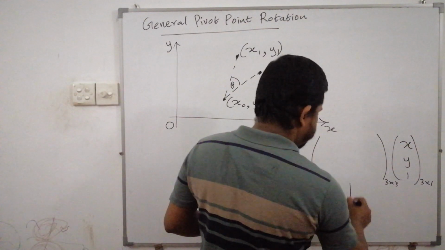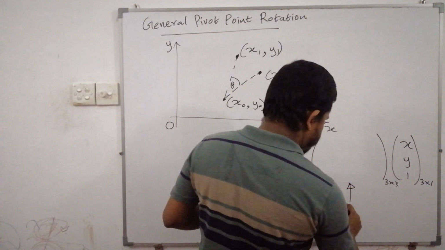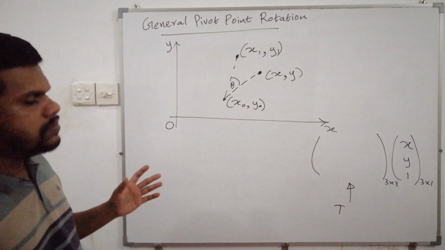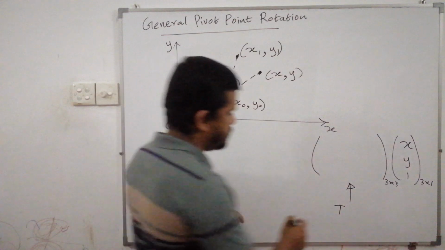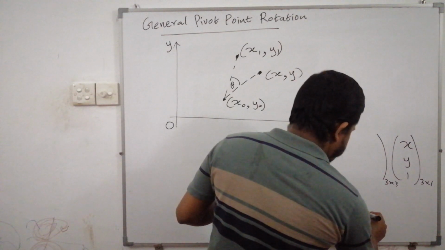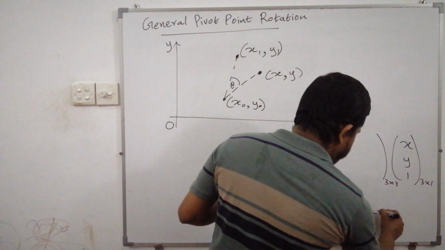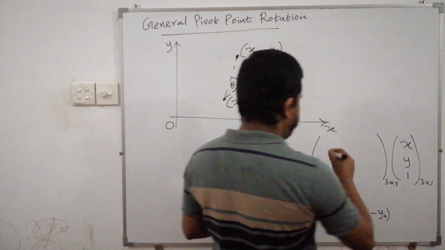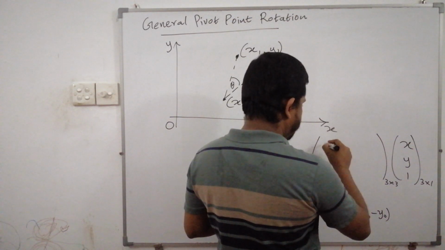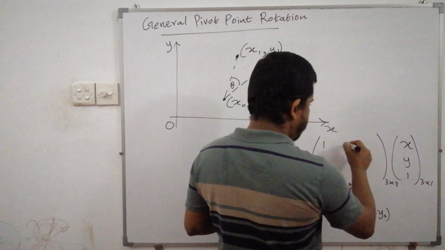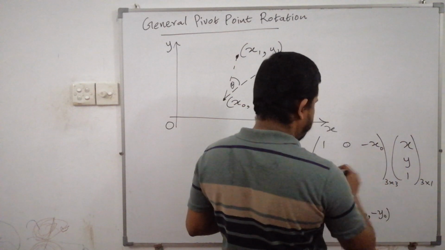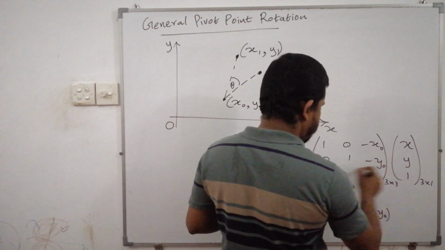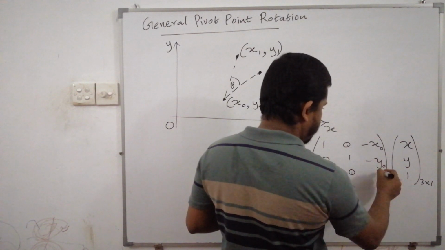Here we put T. We perform a translation with translation factors minus x naught and minus y naught. What is this matrix then? 1 0 minus x naught, 0 1 minus y naught, 0 0 1.